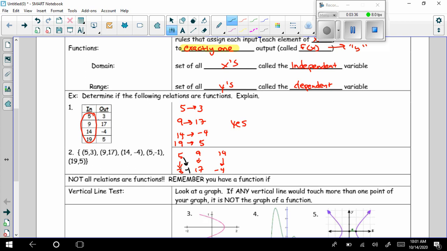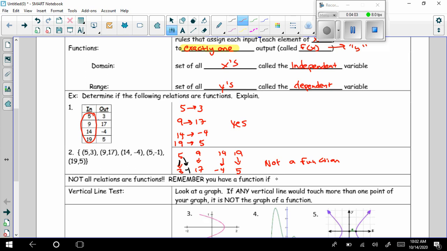And so as soon as I have that x value mapped now to 2 numbers, my x values have repeated. So this is no longer a function. Remember, not all relations are functions.